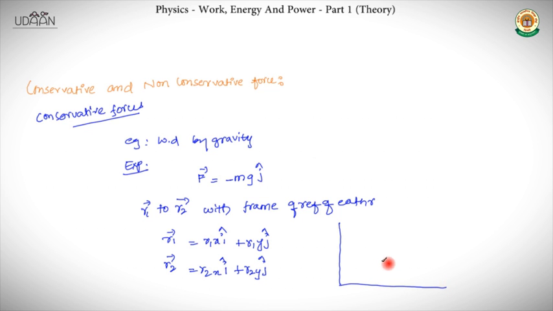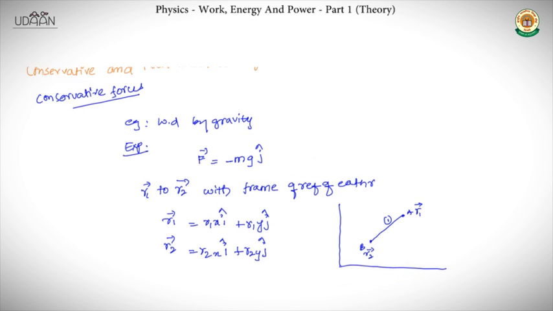First, let us assume the particle has been moved from point A to point B. Point A is r1 bar and point B is r2 bar. Let this path be 1.